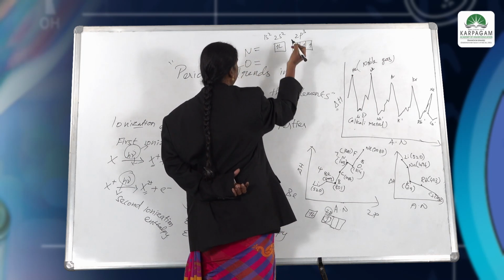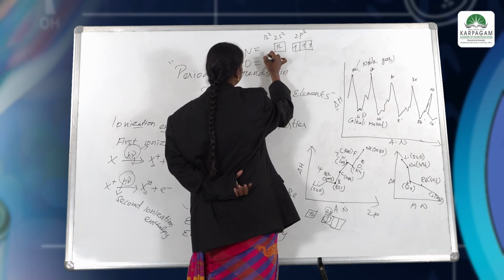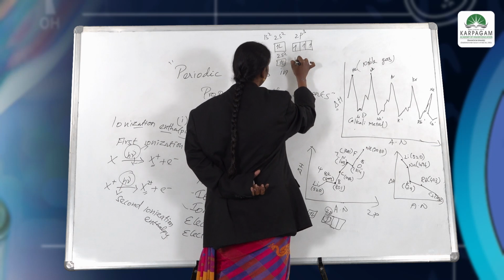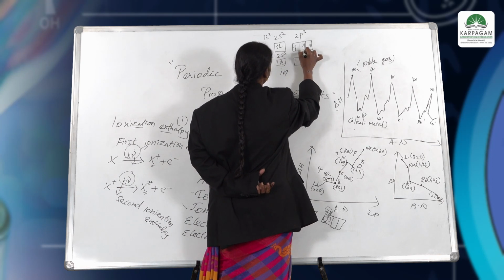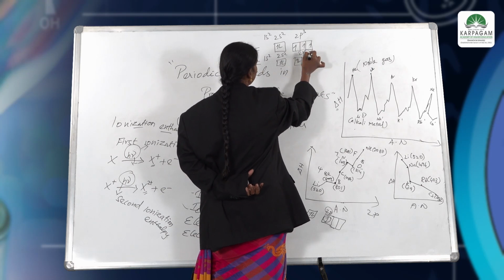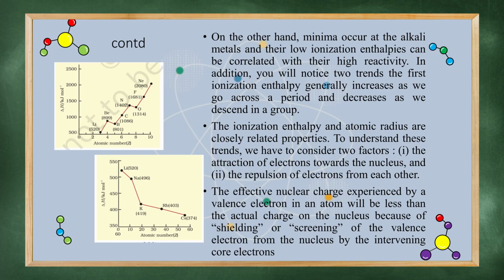For oxygen, one electron more, that is 1s2, 2s2 and 2p4. Here 2p4 means the fourth electron is present in a 2px orbital.